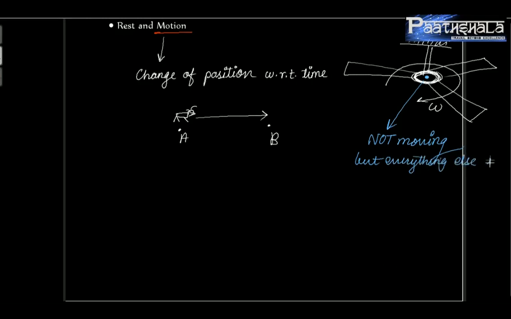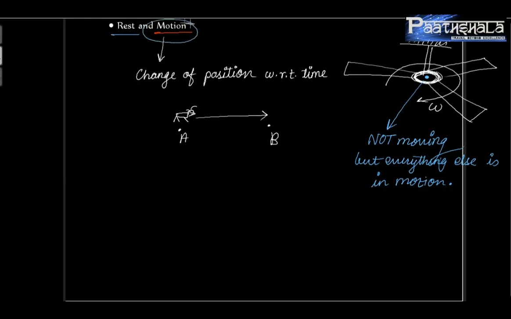So everything else is in motion. Okay. So we can't really say that the fan is at rest. We will have to specify that only the center of the fan is at rest, not the entire fan. Okay, rest is basically absence of motion. Something that is not undergoing motion is at rest.